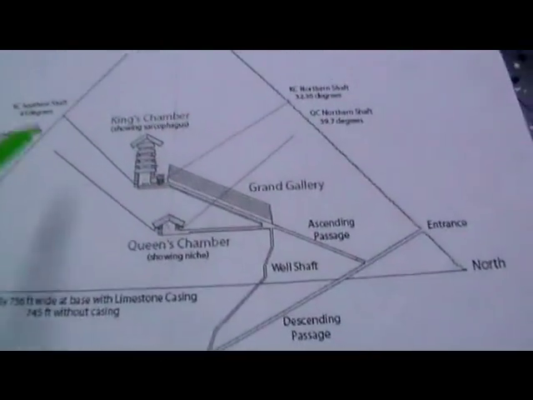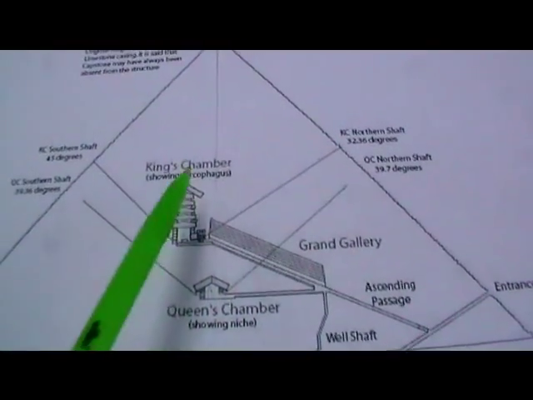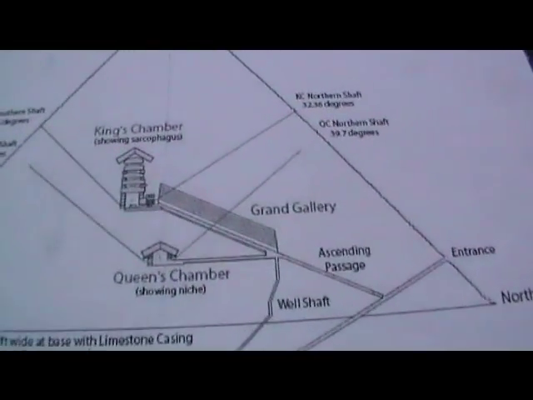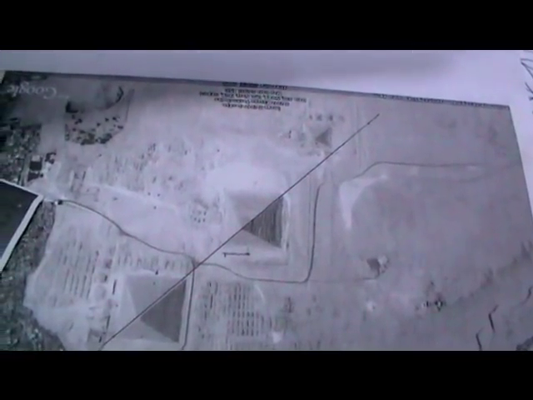And then if we look at the King and Queen's Chamber, you'll notice that the King's Chamber is just slightly off to the left and above the Queen's Chamber, but they do look like arrows. And as they were probably building the pyramids in the shape of star constellations, and they definitely laid it out on the ground in the pattern, so that we first of all could see where they were pointing us to in the heavens, with the star constellation Orion.